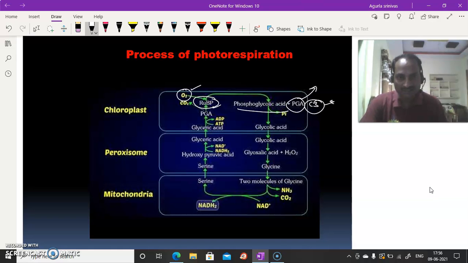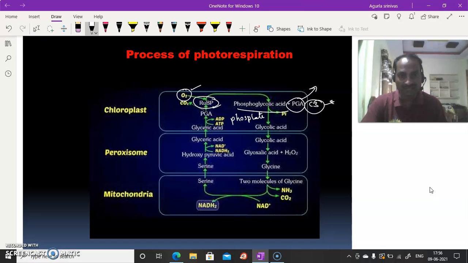And here phosphoglycolic acid loses inorganic phosphate by the phosphatase enzyme. Phosphatase enzymes always remove phosphate groups from a substrate, and this phosphoglycolic acid, after losing inorganic phosphate, forms glycolic acid.